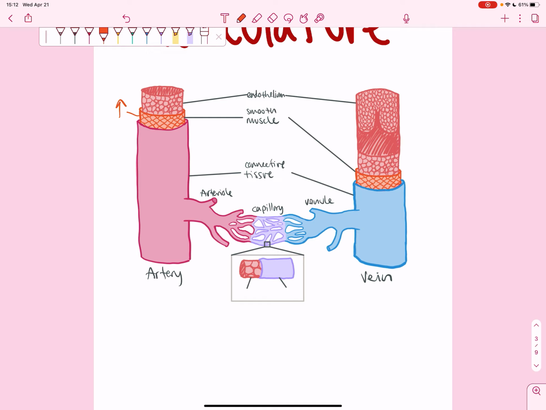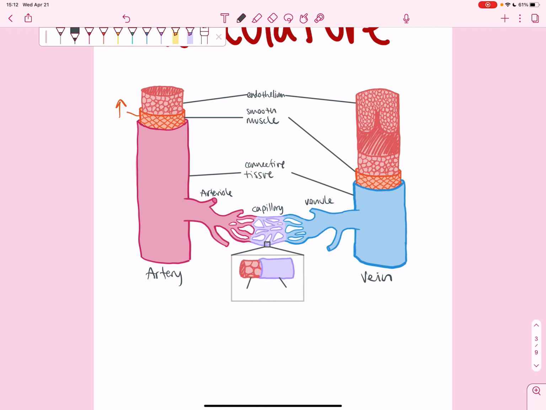In capillaries, they are one cell thick, which means that red blood cells have to travel single file through them. And the capillaries are the site of gas and solute exchange. I just realized that I forgot to label the capillaries.